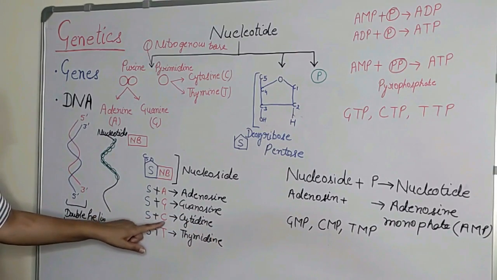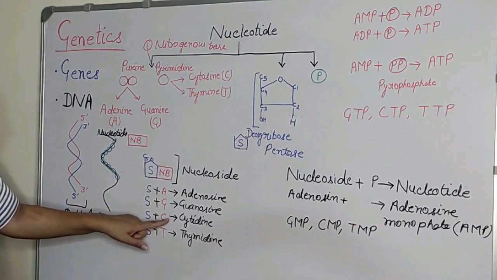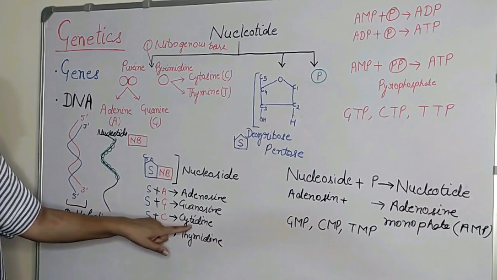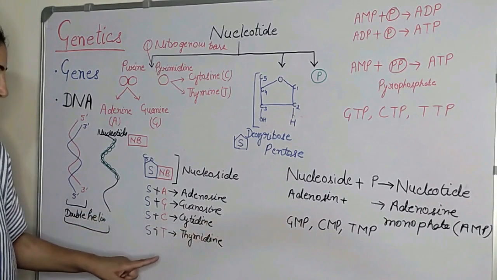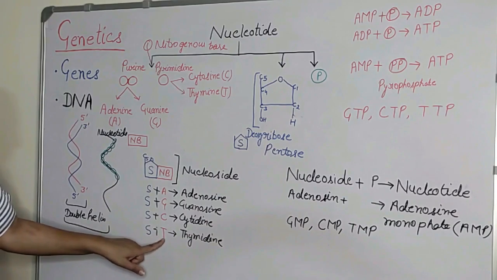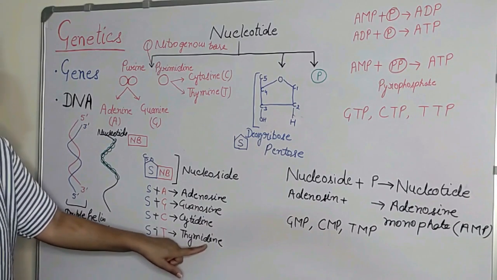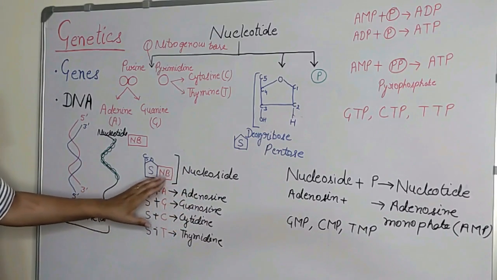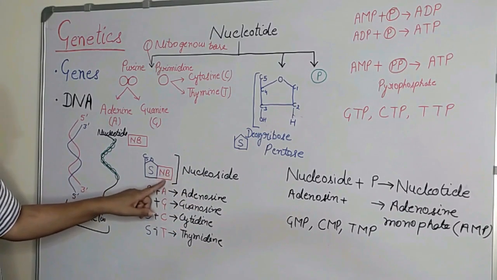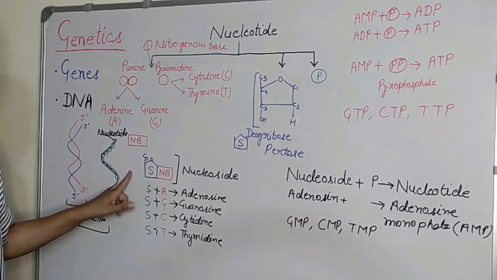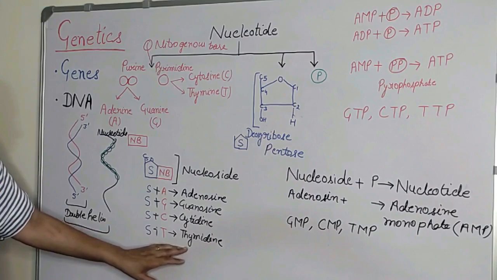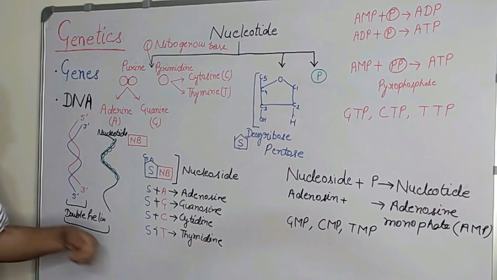When this sugar combines with cytosine, the nucleoside formed is cytidine. When this sugar combines with thymine, the nucleoside formed is known as thymidine. So nucleosides are the combination of nitrogenous bases plus sugar. So we can have 4 types of nucleosides inside the DNA molecule.